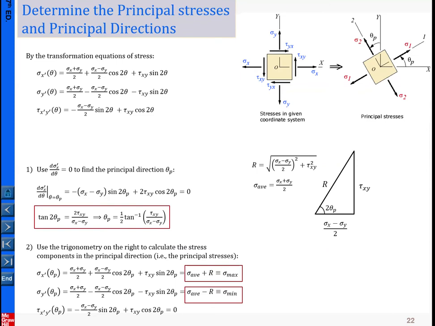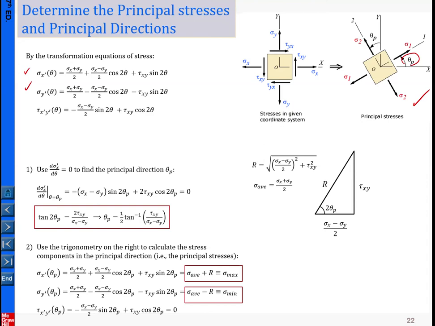Now let's take a look at how to determine the principal direction theta p. We start by recognizing that the principal directions are such that the normal stress is maximum or minimum.